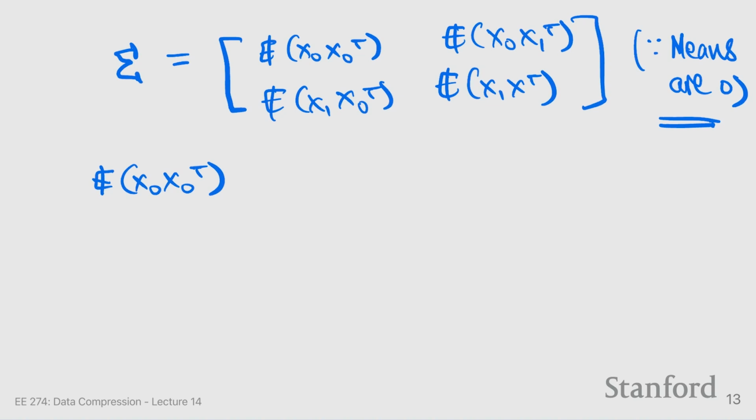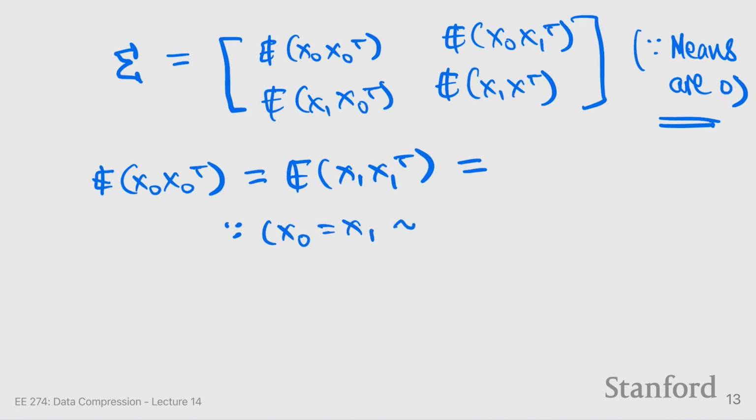So in this case, like working out the expected value of x0, x0 transpose, we also know that this is a stationary process, right? Like x0 has same distribution as x1, so this is going to be same as this guy. And this we already know, right? Because my x0 is same as x1, and both of them are distributed normal 0 comma sigma square.